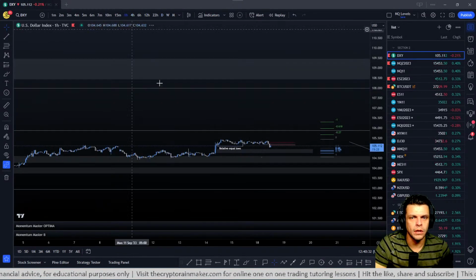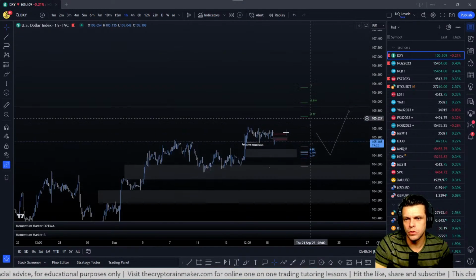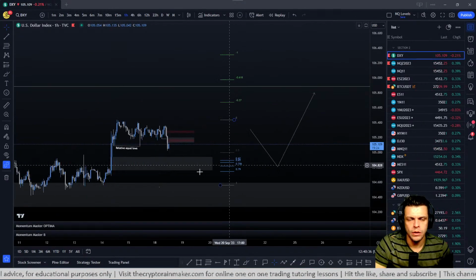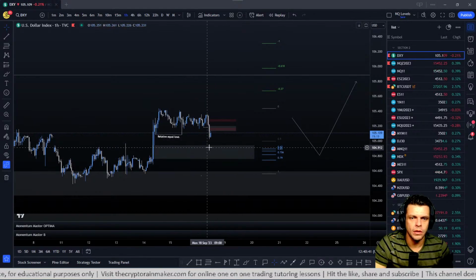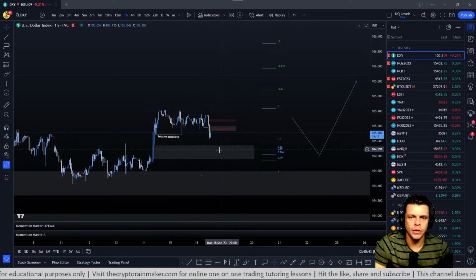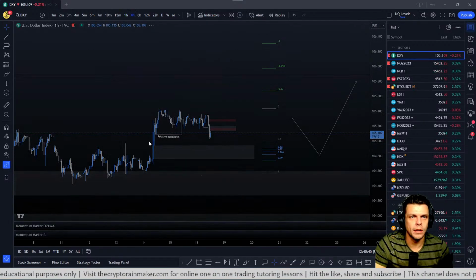It's just on the lower time frames, we are just short term bearish because it looks like the dollar wants to just go and touch these imbalances, move into this imbalance, and then get the push back to the upside.